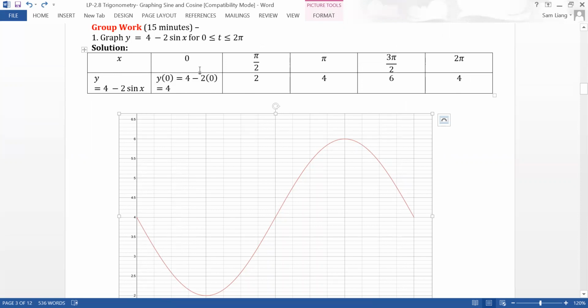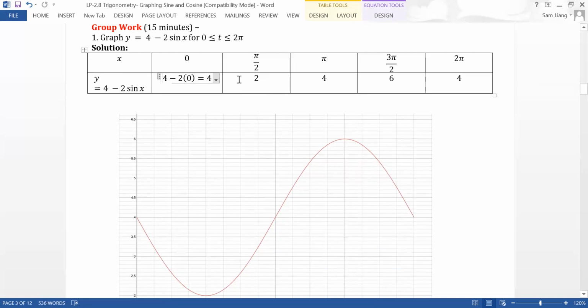Sine of 0 is 0, and then 4 minus 2 times 0, which is 4. To save space, I'll get rid of that notation. Next, 4 minus 2 times sine of pi over 2, and sine of pi over 2 is 1, so this ends up being 2. And then next we have sine of pi. Sine of pi is also 0, so that'll just be 4.